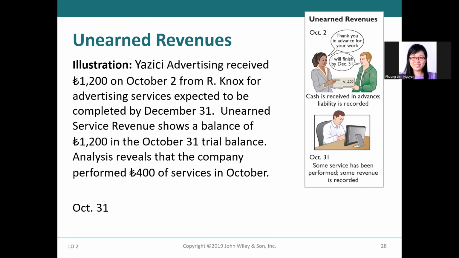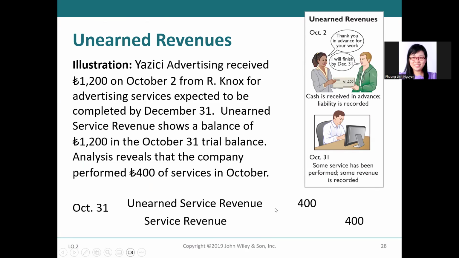So on October 2 they received 1,200 in advance, so we debit cash and credit unearned service revenue for 1,200. Now it is October 31, and the company already performed $400 of service. So we will debit unearned service revenue for 400 and credit service revenue for 400, because we already performed the service.